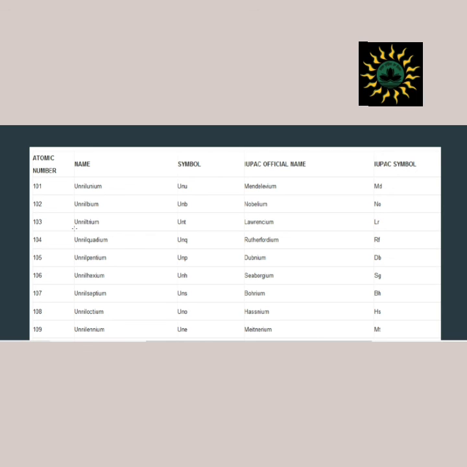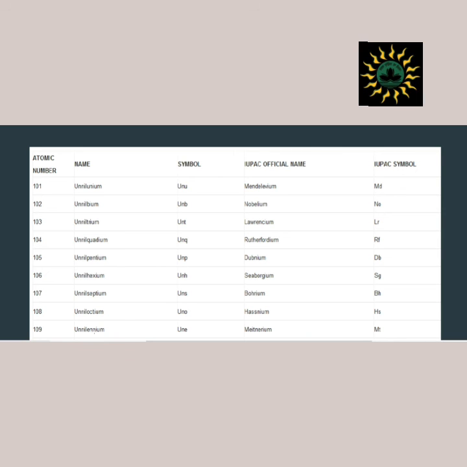Similarly 103 is unniltrium, and the symbol will be UNT. You can take any element. 108 is unnilochtium, UNO. For 109, unnilennium, because un for 1, nil for 0, and enn for 9.